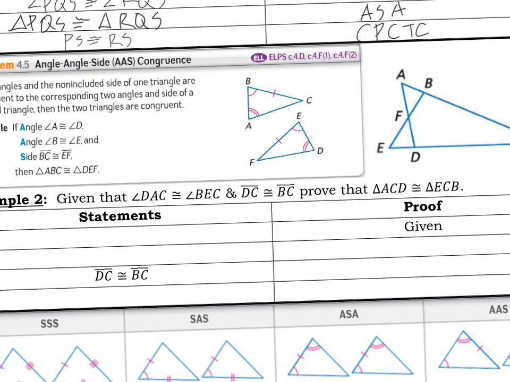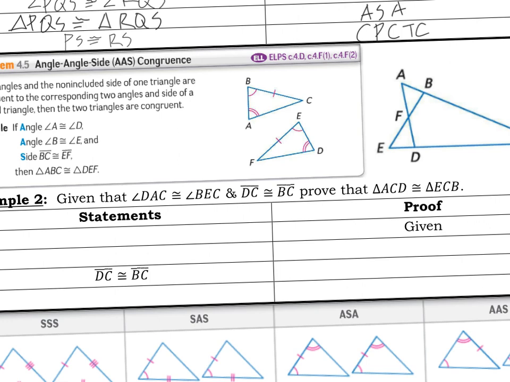So let's start with what's given. And since we're trying to do angle-angle-side congruency, I'm going to work with this part first for my given statement, and I'll use this at the end after I've proven two angles are congruent to each other. The order doesn't really matter, but I just feel like it flows better that way, since you can read it like, okay, this angle's congruent, this angle's congruent, this side's congruent.